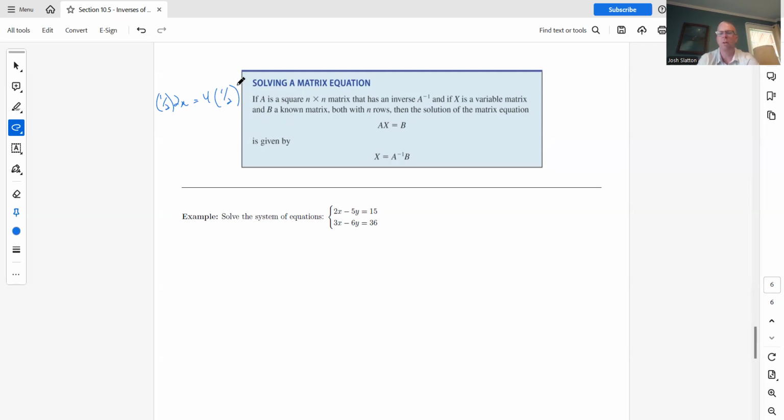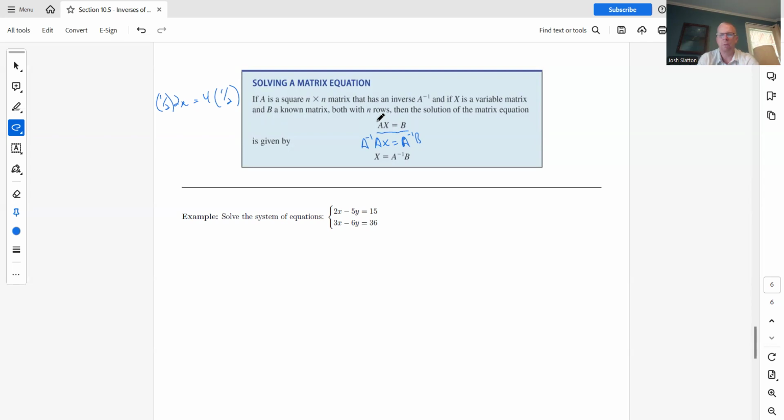So you can solve this AX equals B equation for X by multiplying both sides by the inverse of A. And it's important that order matters when you're multiplying matrices. So make sure you don't put the A inverse on the wrong side.